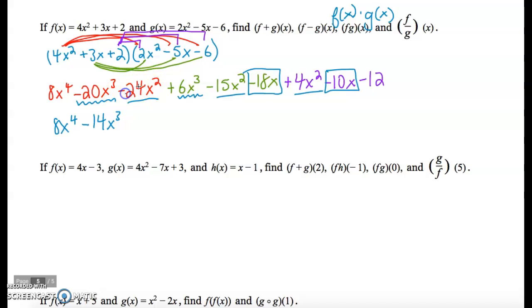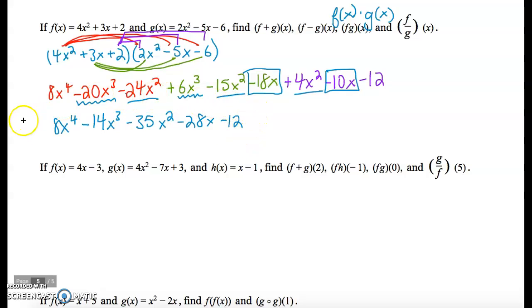All right, so negative 24x squared minus 15 more would give me negative 39. And then I'm adding 4 to that, so negative 35x squared. Yep, okay. And then last but not least, I can combine my regular x's, so negative 18 and negative 10 gives me negative 28x, and then I have just a minus 12 at the end.